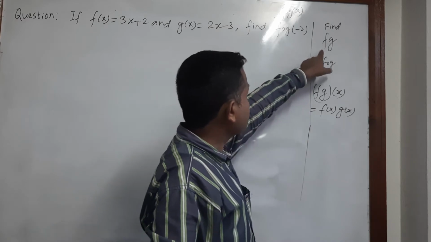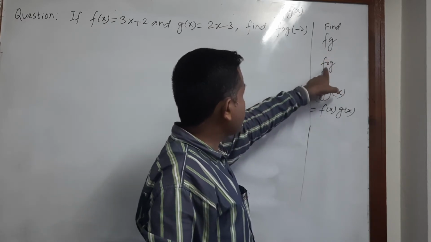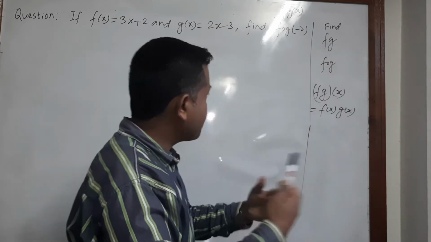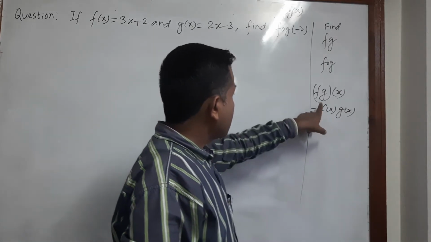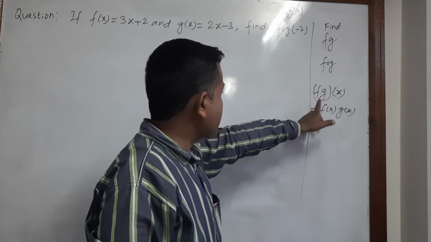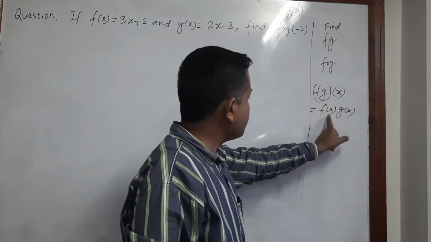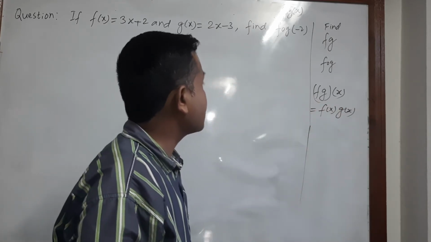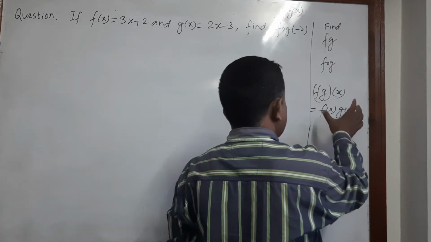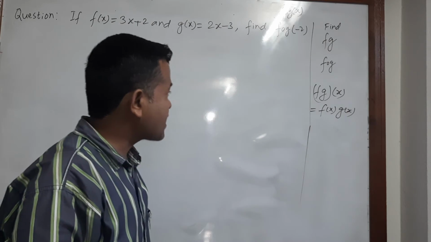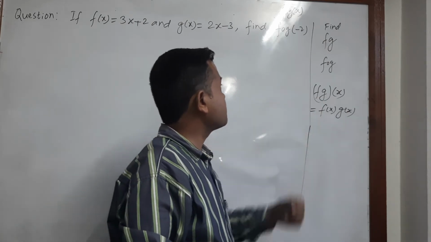Actually, this also should not be given. This f of g should be given to make it quite clear. But according to the property of real valued functions, (fg)(x) means f(x) times g(x).